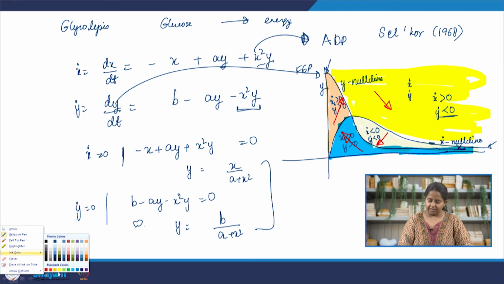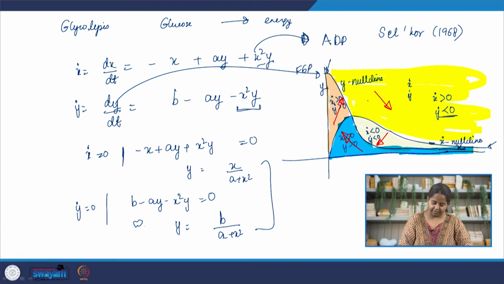So let's say we have a starting point here in the yellow region. We know that there will be a particular area here beyond which this red point will not be able to go. So let's say that theoretical area, let's highlight it in black.